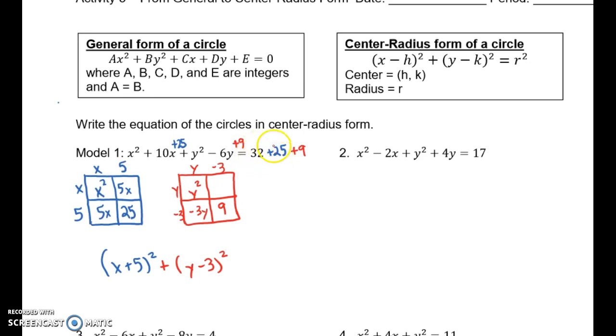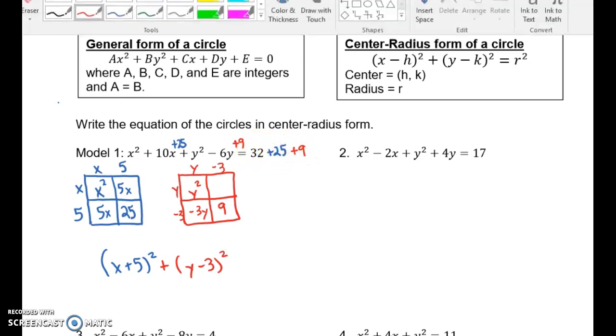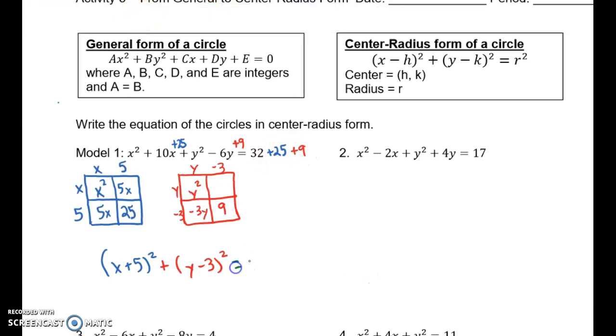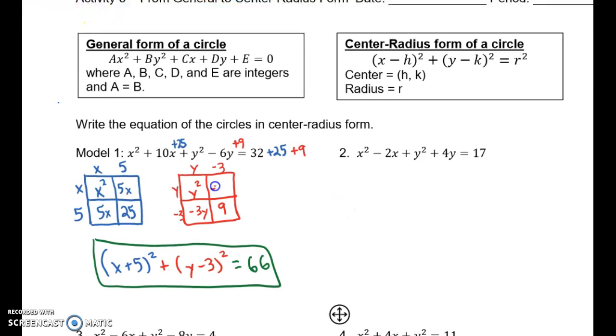So 32 and 25 is 57, and then add 9 more, which will give me 66. And so I'm done with the problem now because I've completed the square for the x and for the y, factored it, and then made sure that I balanced everything out on the other side. So that's how you're going to turn from general form to center radius form.